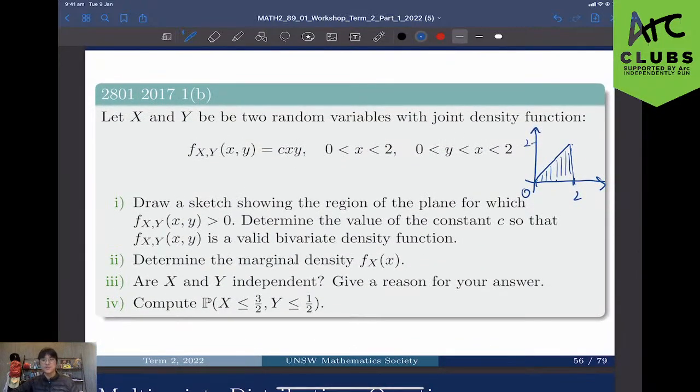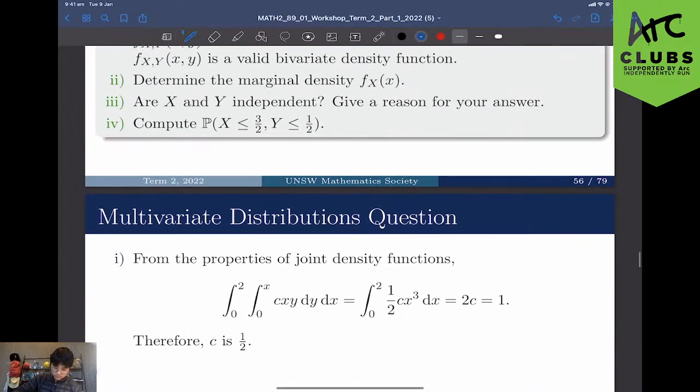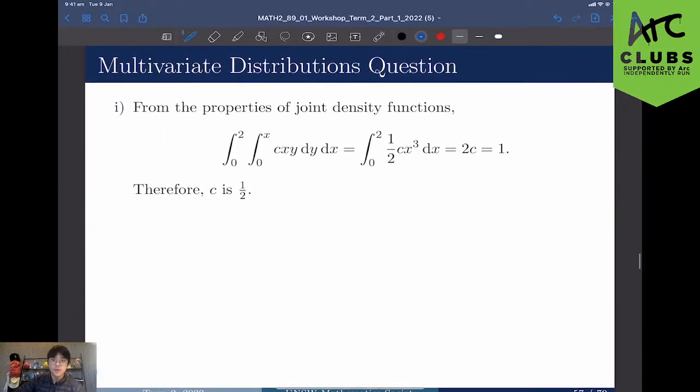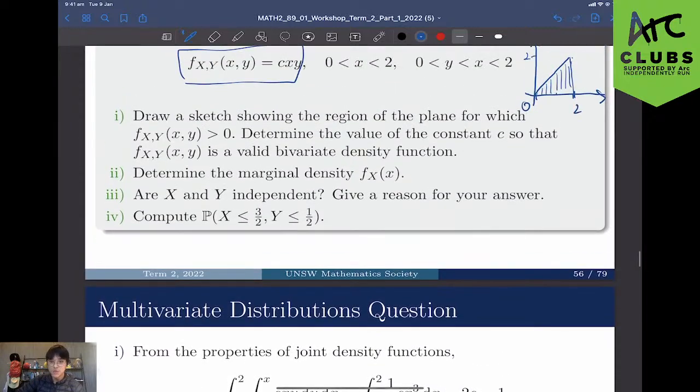To find the value of c, we're going to have to integrate the joint density function over its whole domain, and we know that has to equal 1. So we have to do double integration.